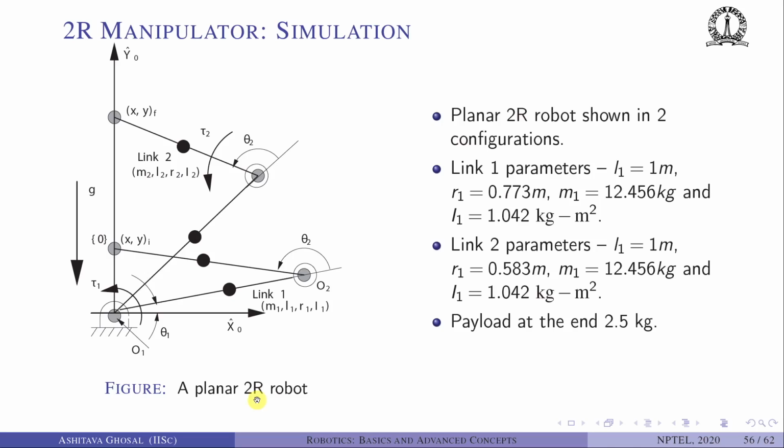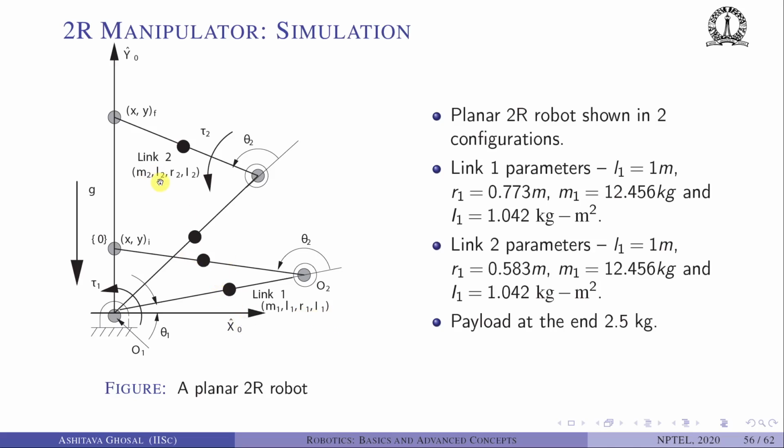So let's take an example. We have a 2R manipulator. Basically there are two joints, 1 and 2. At O1 and O2, the first joint rotates by theta 1, the second joint rotates by theta 2, a relative rotation. Tau 1 is the torque acting at the first joint. Tau 2 is the torque acting at the second joint. We have mass, length of the first link, location of the CG of the first link, R1, and I1, which is the Z component of the inertia of the first link.